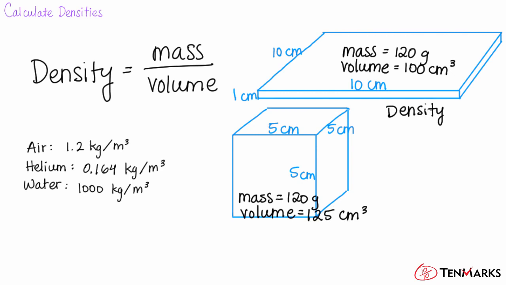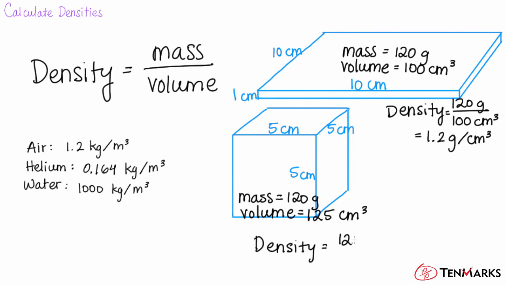The density of this board is 120 grams divided by 100 cubic centimeters. And we can simplify that to 1.2 grams per cubic centimeter. And the density of this cube is 120 grams over 125 cubic centimeters, which is 0.96 grams per cubic centimeter.